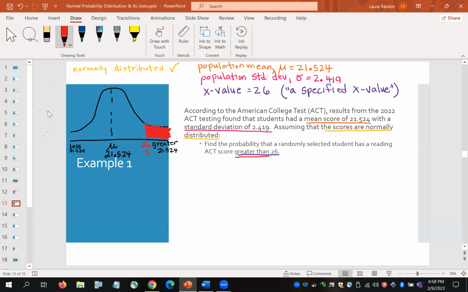That phrase greater than, when you're looking at greater than is what we call right tail. And the picture helps me to see that. It's right tail because greater than is to the right and it's at the end of the curve.